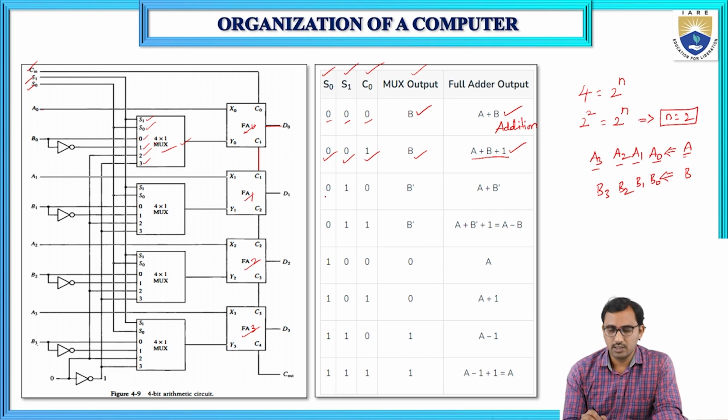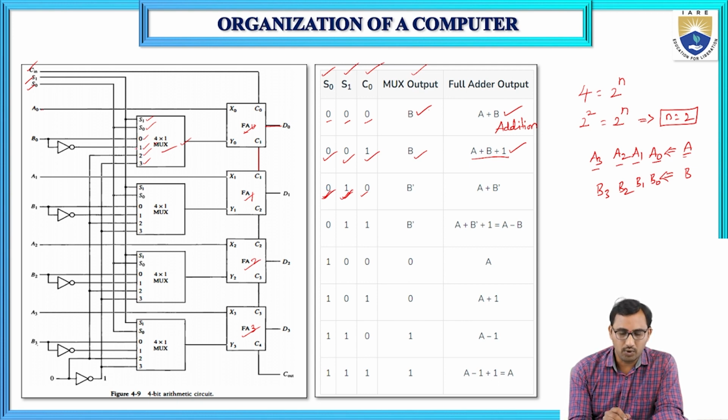In the next case, 0 1 0, that means the selection lines are 0 1. So when the selection lines are 0 1, then the first input will be connected to the output. First input means B bar. So B bar will be connected to the output.